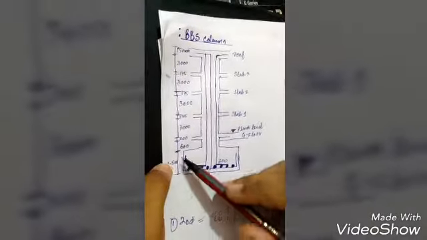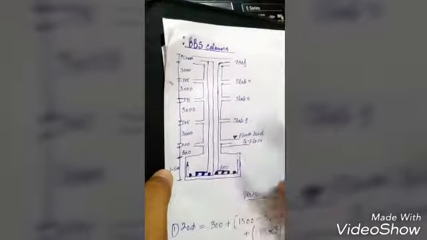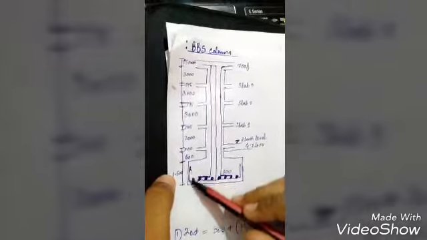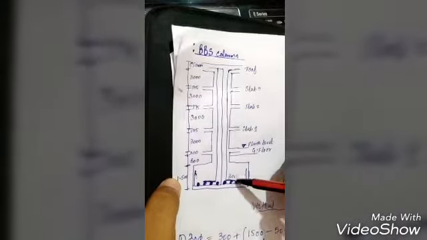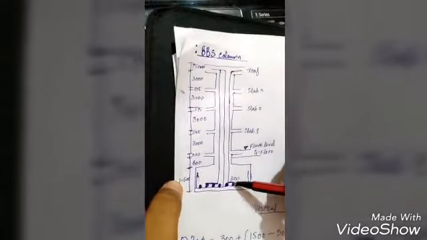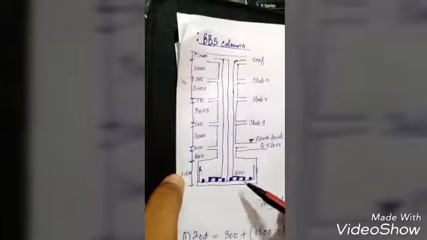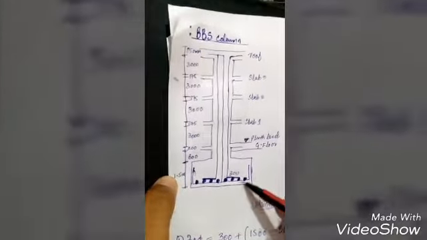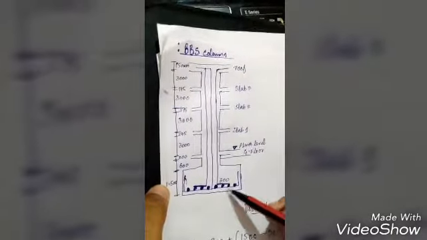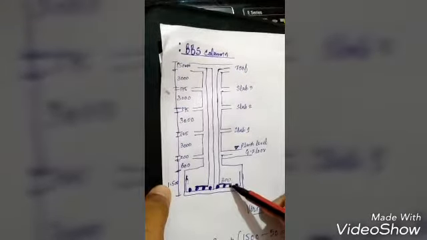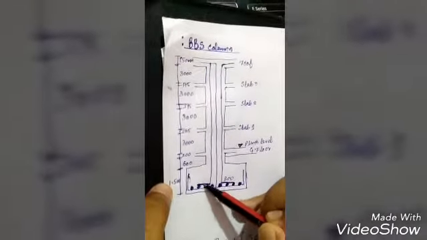So here I have the footing, this is my total footing, and then this is my footing jolly, and this is my column starting from here and going up. First, this is my footing jolly, then this is the distribution bars in footing, then my column starts from here.